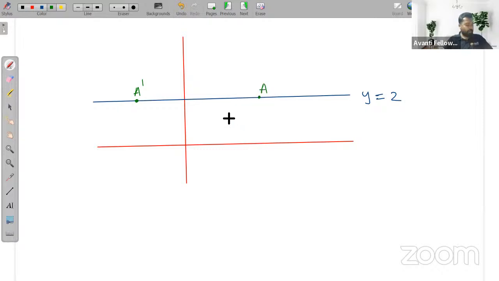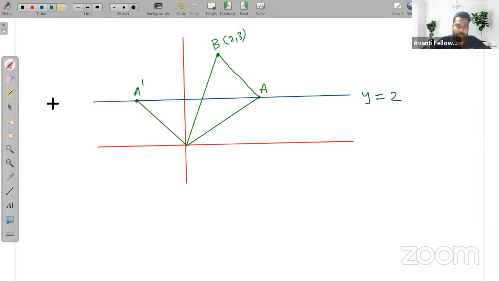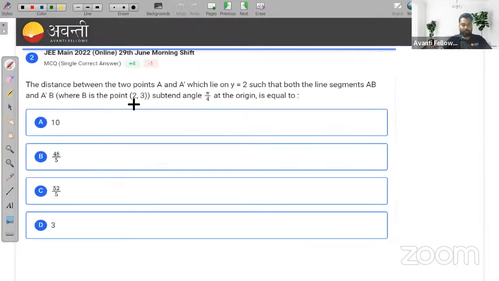Suppose you have a point B here whose coordinate is (2, 3). If you join origin to A dash and origin to B, it is also given that B is the point such that both line segments AB and A dash B subtend angle pi by 4 at origin.